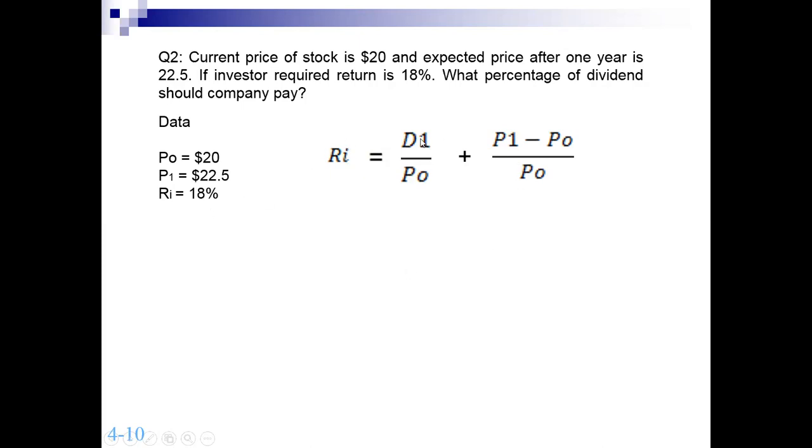So naturally, one part of the right hand side of the equation can be computed with the help of this information. D1 is not given. P naught is given, yes. P1 is given, yes. P naught in the denominator is also already given. So you will put it like this.